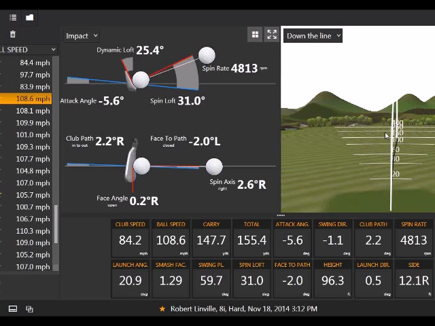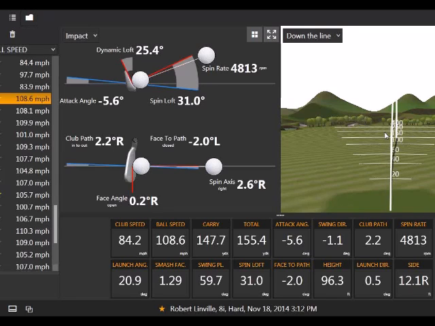Just to give you a temperature idea, in this case he was hitting an 8-iron, usually hits it about 157 or 158, and today it's going about 10 yards shorter. So it was a nice 35-degree day today.